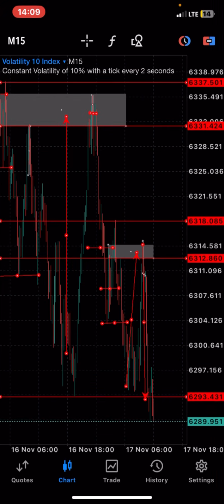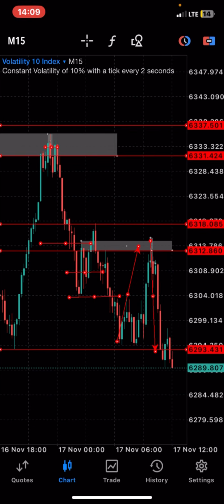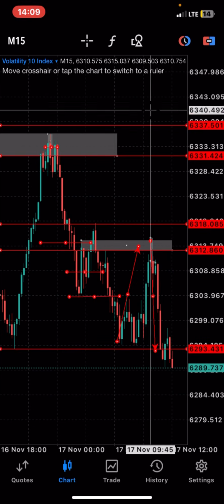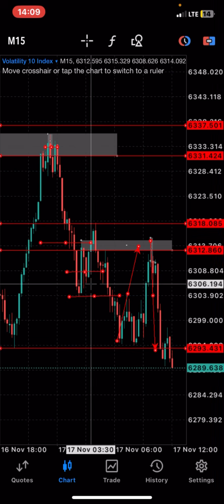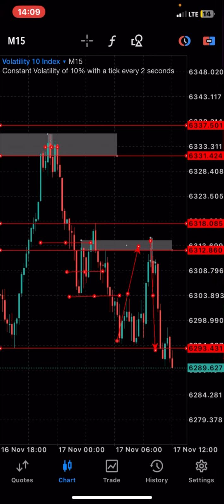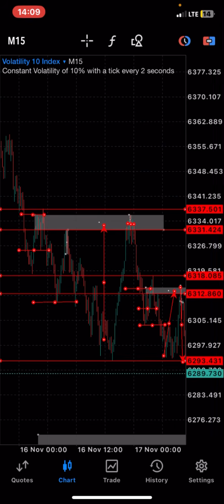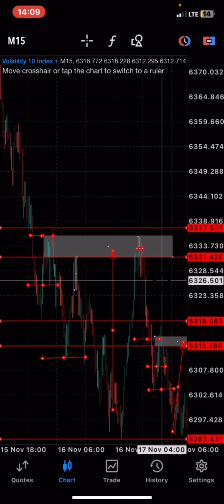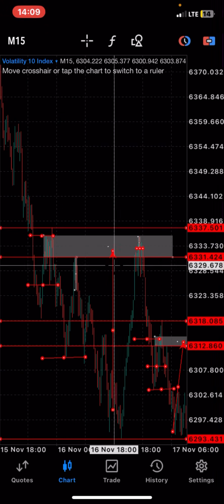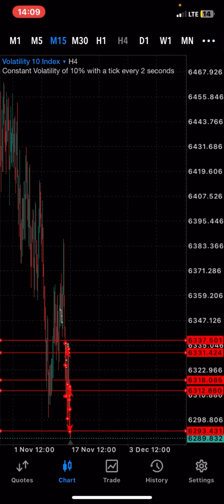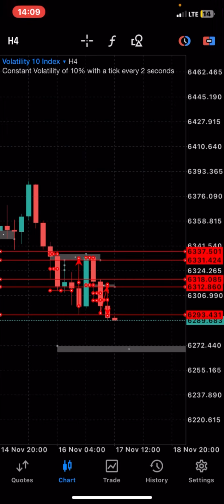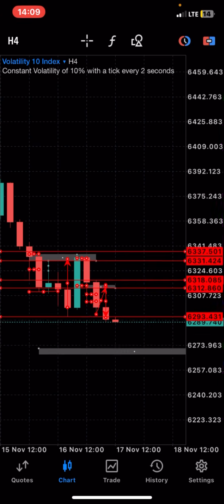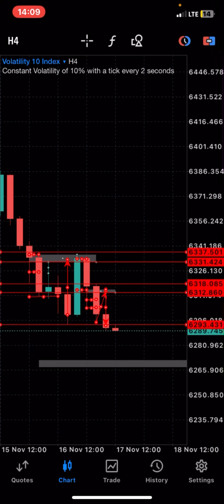Can you see how this whole thing looks exactly like what happened previously up here? It's the same thing. When price is downtrending on the higher time frames, this is what will be happening. Now look at where price is going. It's heading for its final stop over there.